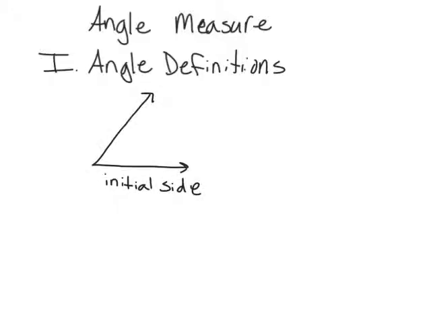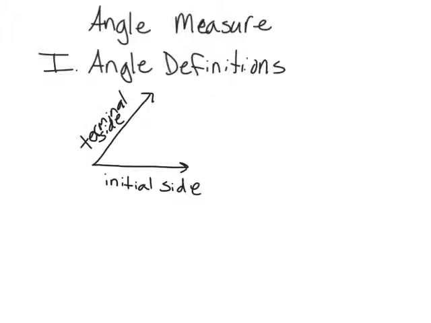So here we have our standard angle, and one of the sides we would call the initial side. When we go to the coordinate axis, the initial side is typically on the positive x-axis. So here's our initial side. And then the other side is called the terminal side. So the initial side is typically stationary, and the terminal side is the one that's going around.